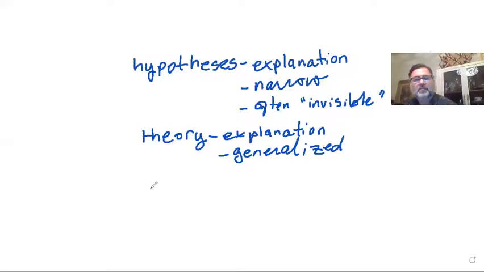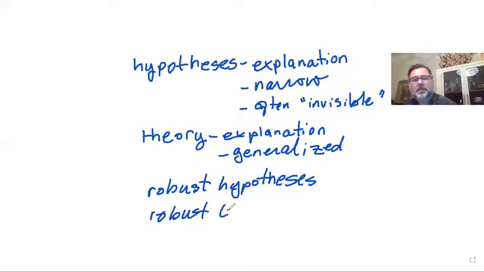What you can have are what I would call robust hypotheses and robust theories. Robust hypotheses and theories are those that have good evidence for them. So, for example, if I figured out ways to test that aggressive behavior in song sparrows is determined by testosterone, and I test that using various methods, I would say that's a relatively robust hypothesis because it fits lots of data.